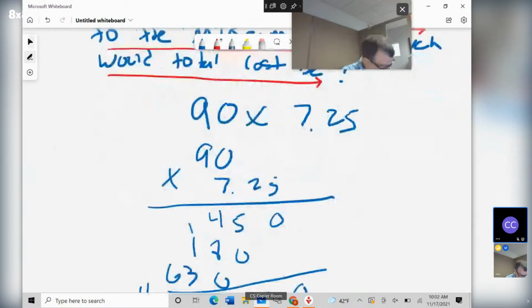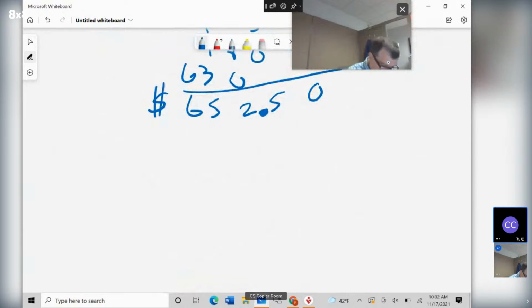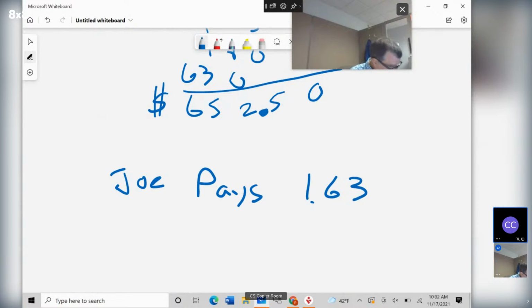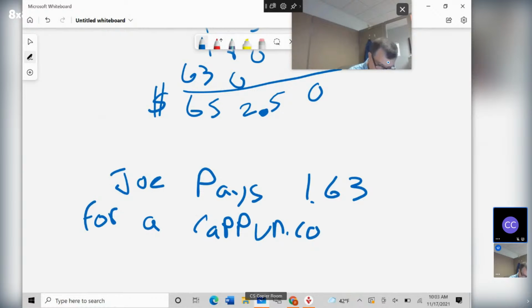It says Joe pays $1.63 for a cappuccino on days he's running late to work.